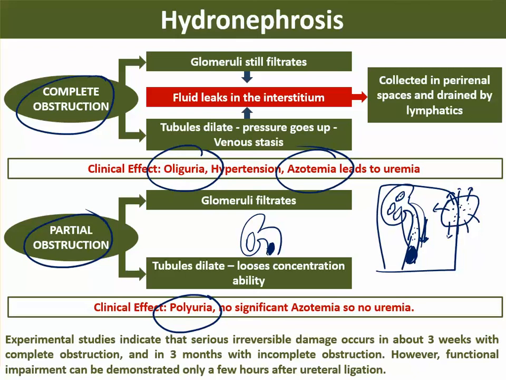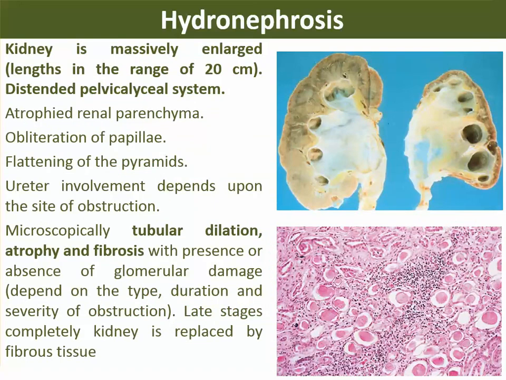That is the concept. Okay, now coming to the morphology. The kidney may be massively enlarged. When it enlarges, you can see here it is not causing compression of the cortex, whereas here the cortex is completely compressed.